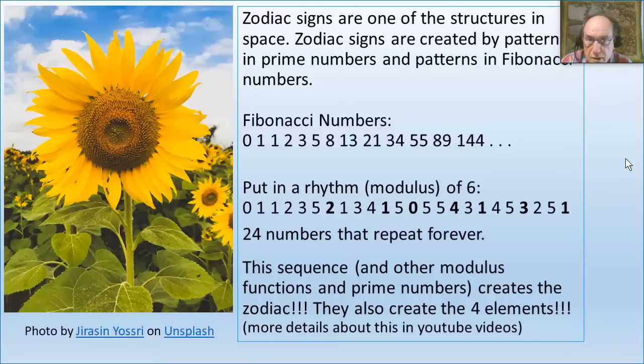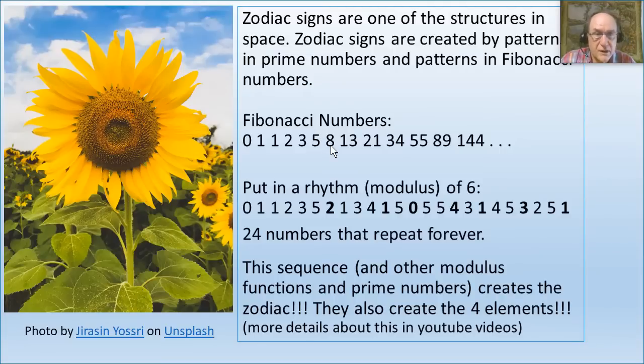How do we do it? In a very simple way. It's called a modulus function. When we get to some number, we can pick any number, just like you can have music in 3/4 time, like a waltz, or 4/4, or whatever. You can make any rhythm you want. Let's just arbitrarily pick the number 6. And what it means is when you go above 5, you subtract 6.